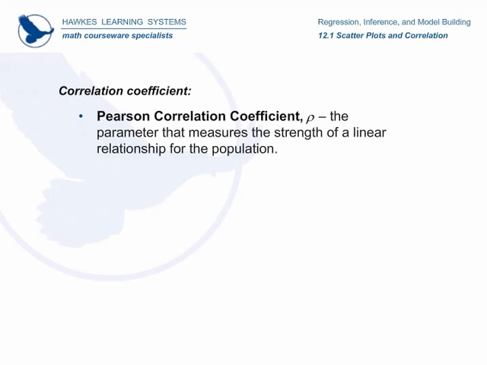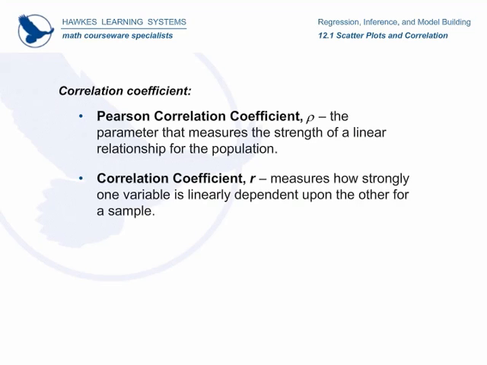Then we have the correlation coefficient represented by the symbol R, and that measures how strongly one variable is linearly dependent upon the other for a sample. So the population deals with Pearson's correlation coefficient, and the correlation coefficient deals with a sample.